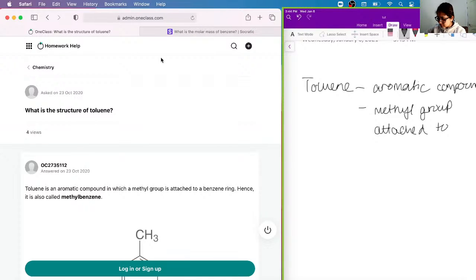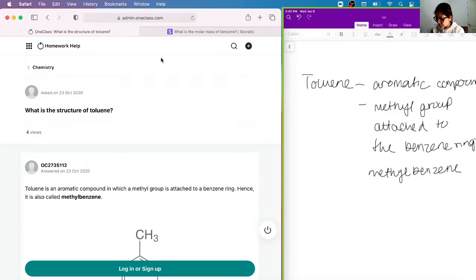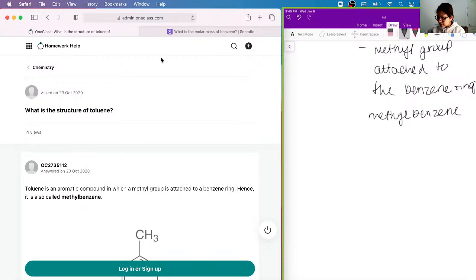Attached to benzene. And since it is attached to a benzene ring and it has a methyl, this is called methylbenzene. With this chemical name, we can also predict the structure.